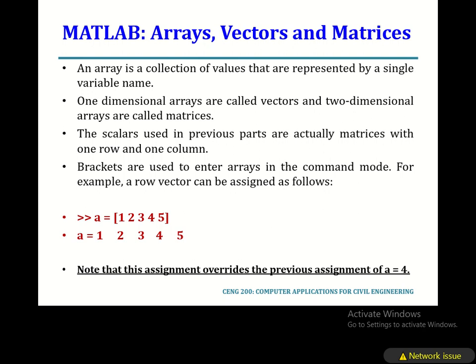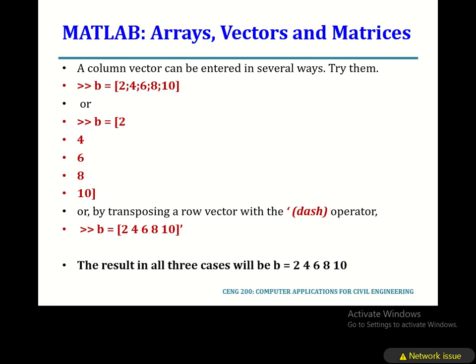You can assign it like this. Each semicolon will take it into a new row. So 2 is in row number 1, semicolon, it will go to row number 2, semicolon, go to row number 3.